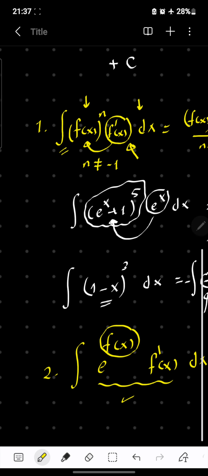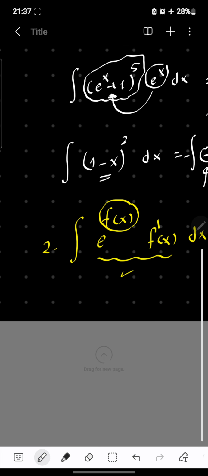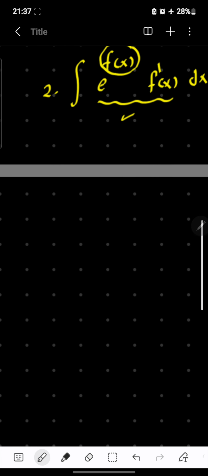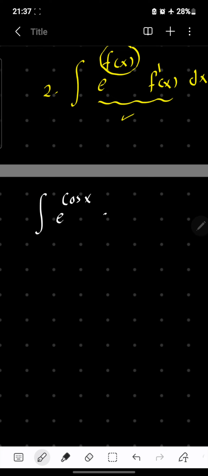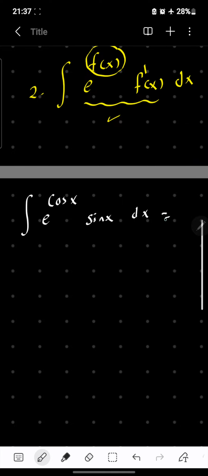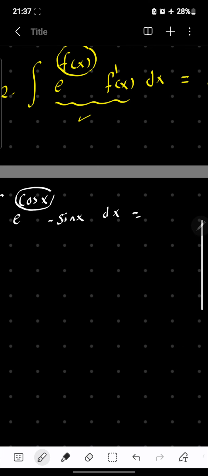So, for example, what is the integral of e power cosine x times sine x dx? Here you can see very well that the derivative of cosine is negative sine. So we have sine here, but we need a negative. So multiply by a negative inside the integral and another one outside the integral.